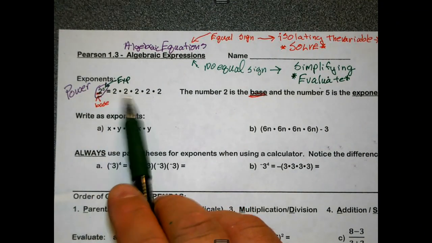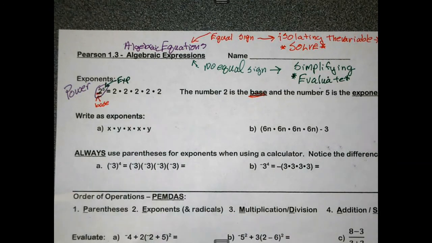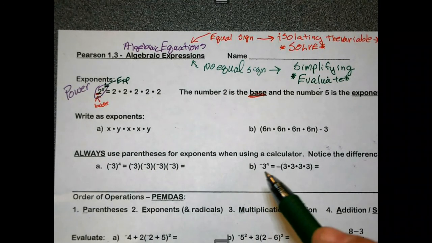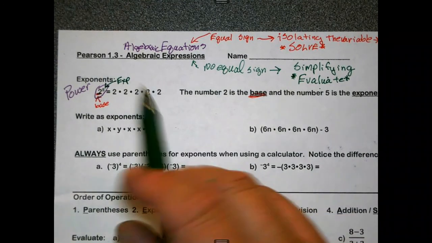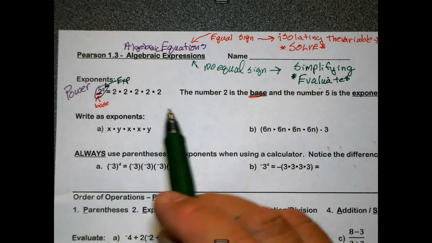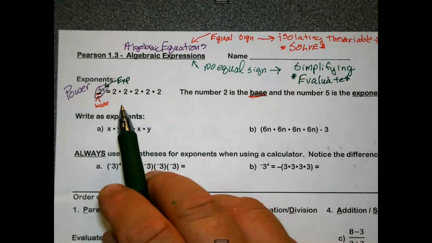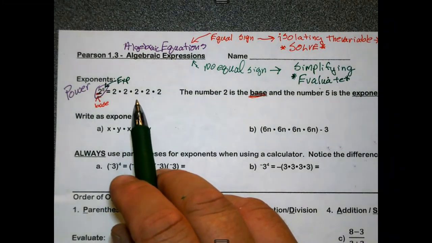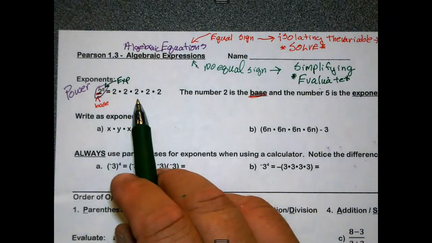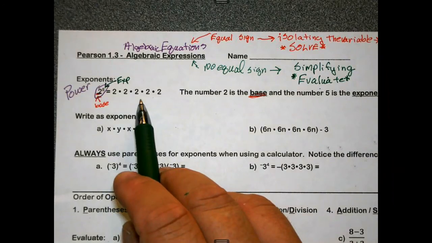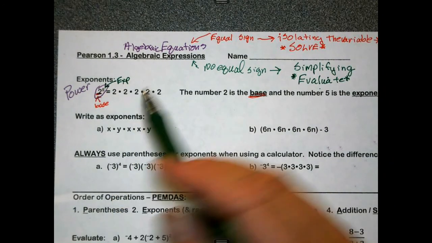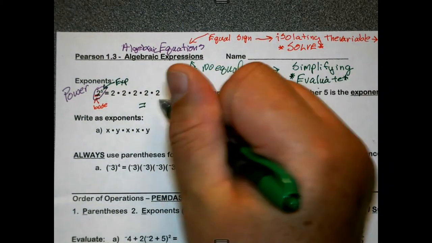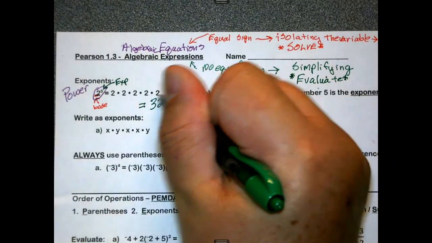I have 5 2's, so I'm multiplying it by itself 5 times. And I want to make sure I didn't screw this up because I screwed it up yesterday. So 2 times 2 is 4, times 2 is 8, times 2 is 16, times 2 is 32. So I can simplify this to 32.